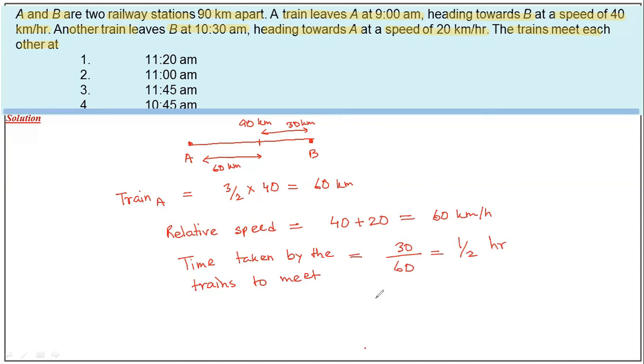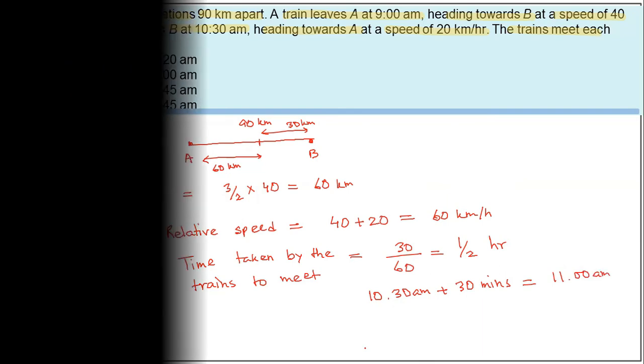So the time that they will meet would be 10:30 am plus another 30 minutes, so that will be equal to 11 am, option 2.